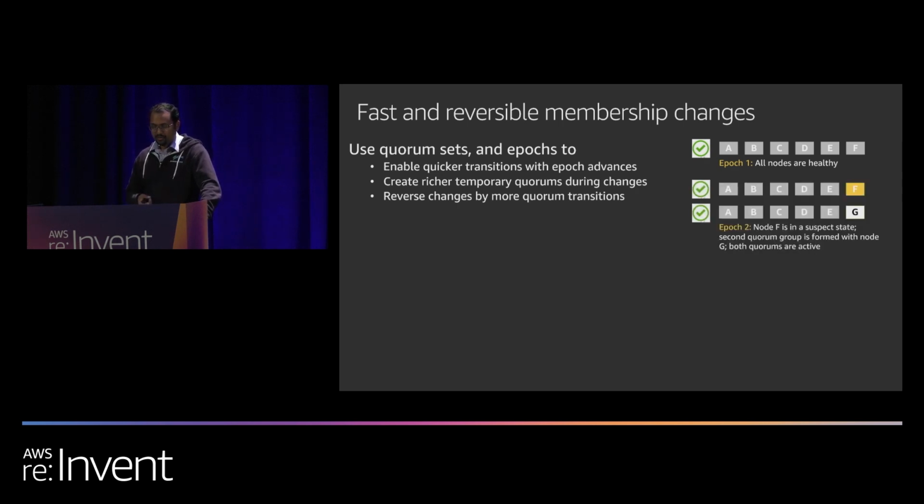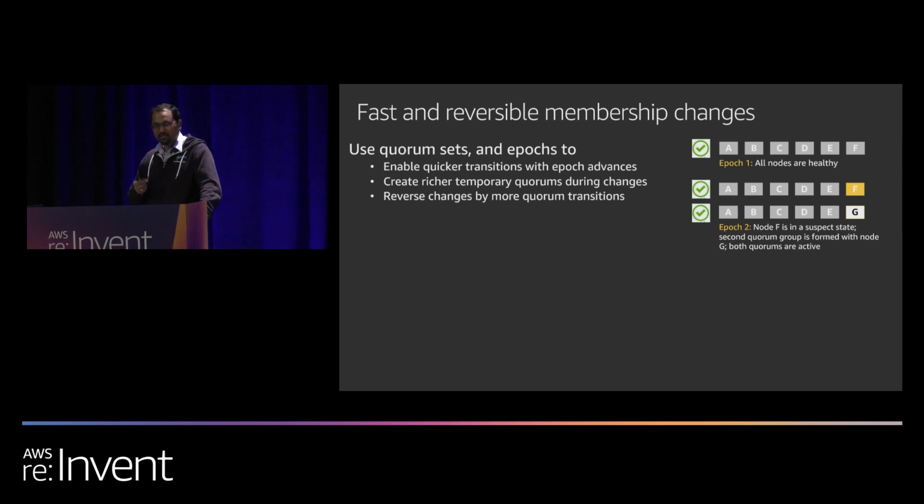We monitor all these storage nodes with pings, instance health checks, and so forth, and we might find that machine F is in a suspect state. It may or may not be working.